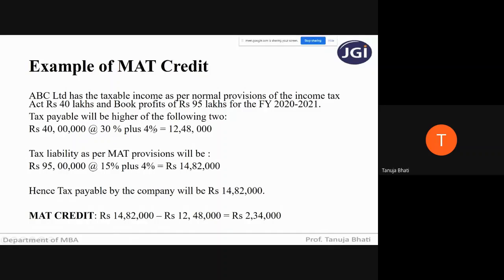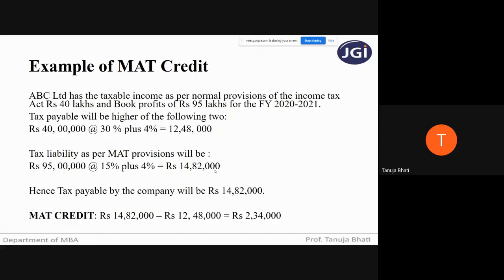Now suppose if it was a reverse picture, suppose as per MAT provision it was 12 lakh 48,000 and as per normal provisions of Income Tax Act it is 14 lakh 82,000. Then what would you do? You would pay 14 lakh 82,000, but MAT credit would not come into picture because you are paying tax as per the normal provisions of income tax and not MAT.